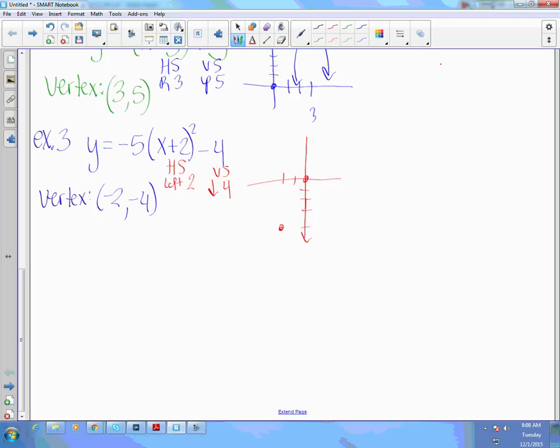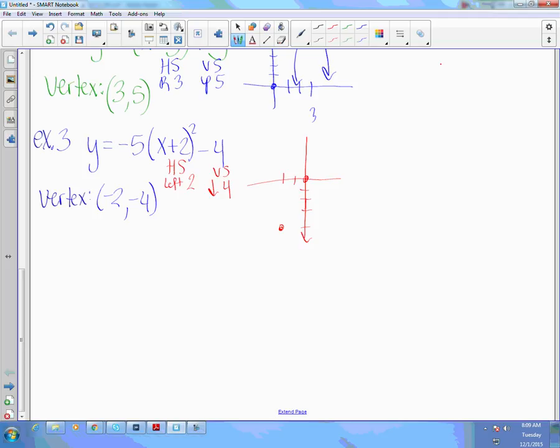Alright, exactly. What does the negative 5 do to the graph? The absolute value of negative 5 is positive 5. Is that between 0 and 1? No, so it's actually greater than 1. So instead of a compression, it's a vertical stretch. And what does the negative do to the graph? Flips it.